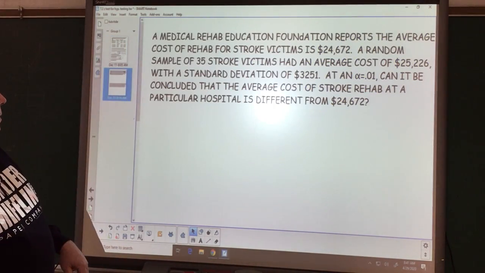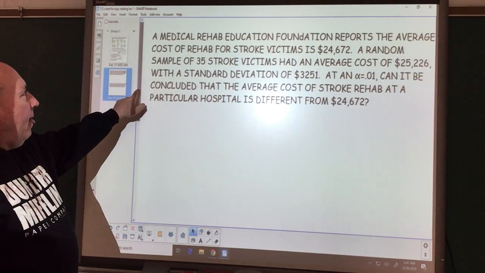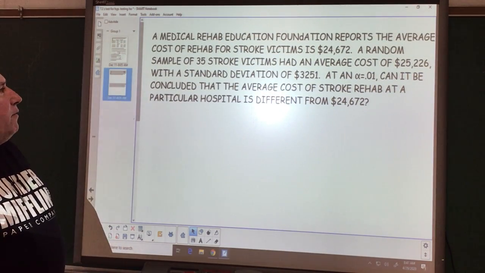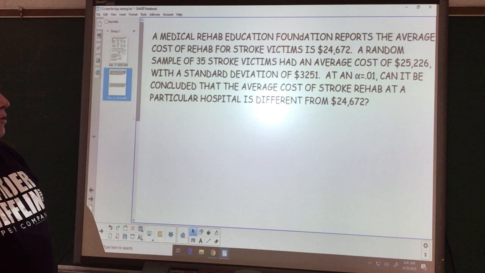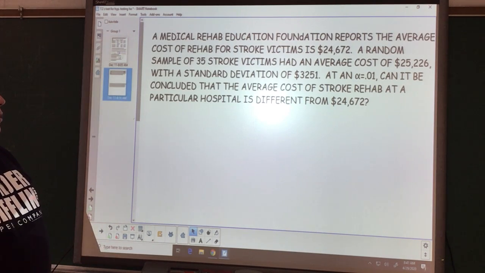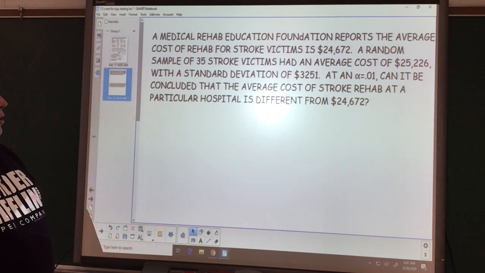Let's take a look at a problem. A medical rehab foundation reports the average cost of rehab for stroke victims is $24,672. A random sample of 35 stroke victims had an average cost of $25,226 with a standard deviation of 3251, alpha value 0.01.